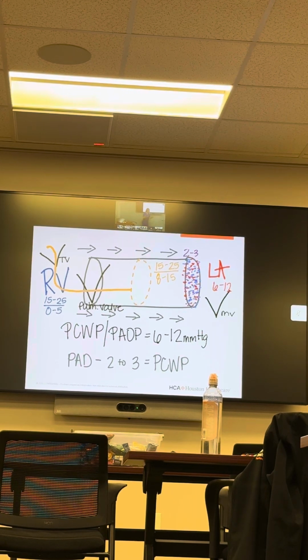So, I will use that tube analogy again. In your PA catheter, we're going from the right atrium, through the tricuspid valve, through the right ventricle, past the pulmonic valve, and into this tube. Okay? Into this tube.